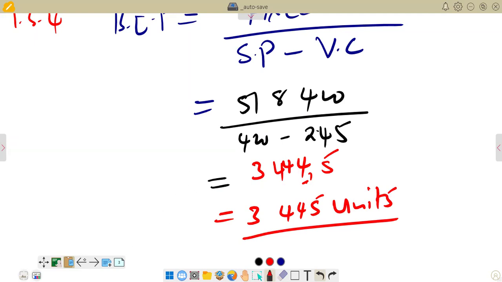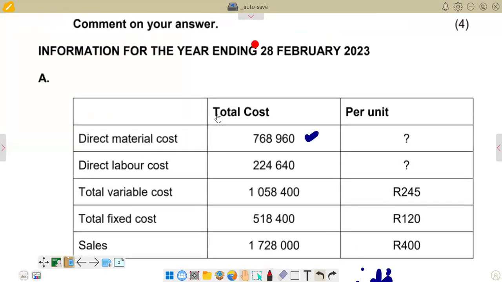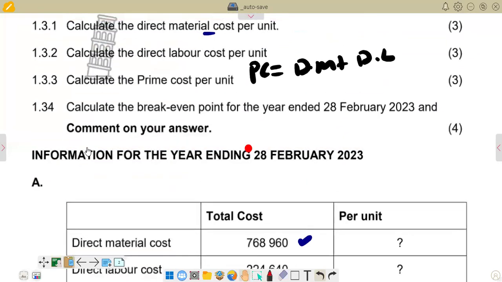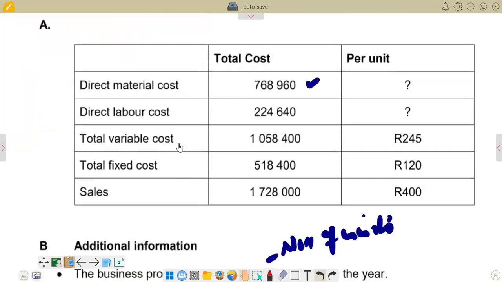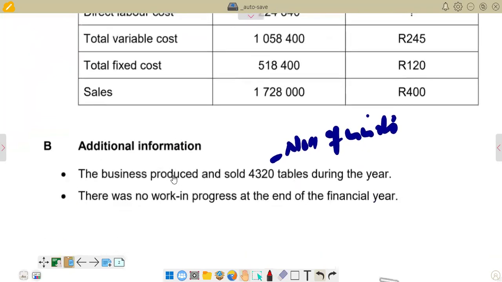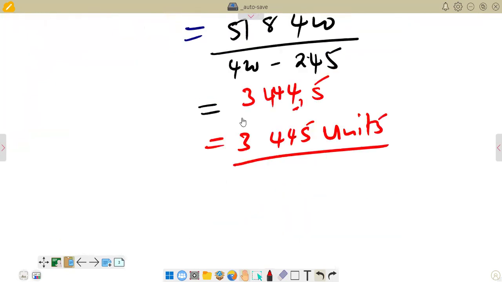And remember, the question is asking us to make a comment, so we can just refer back to the question and try to see what the requirement is. The question is saying comment on your answer. So basically, we need to compare the level of production with the break-even point. The level of production is 4,320, and we try to compare it with the break-even point.